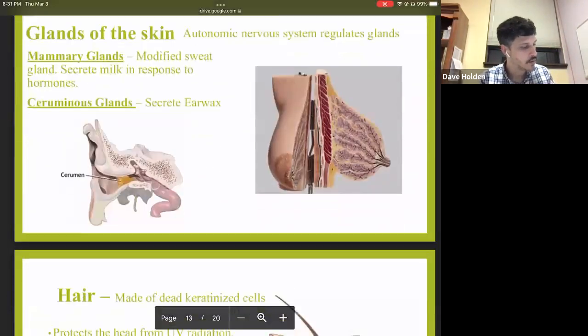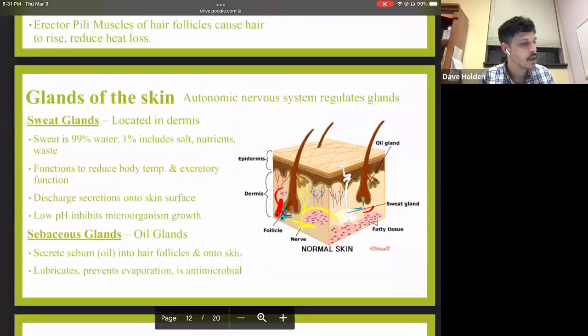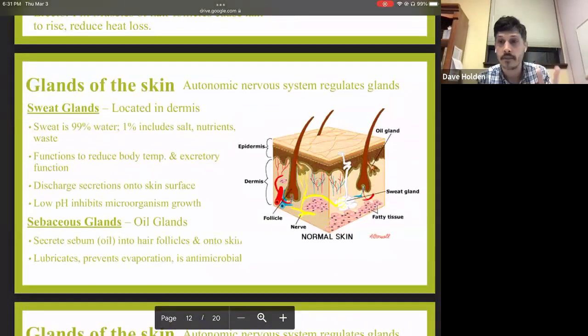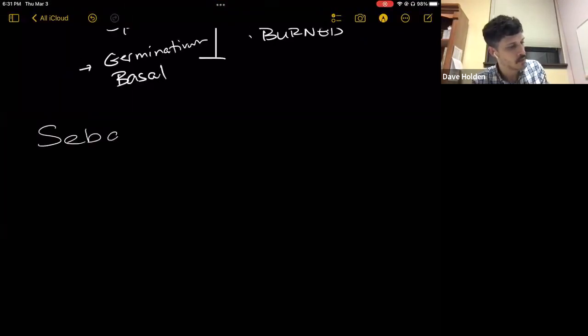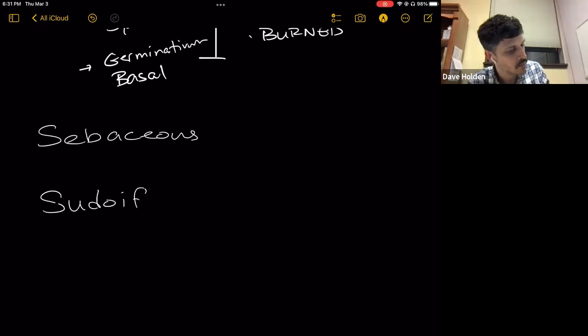So before we jump in even more, I want to talk a little bit more about the two kinds of sweat glands. Let me go back to my notes. Sebaceous glands give you oil, and then sweat glands, the medical term for them, are sudoriferous glands.